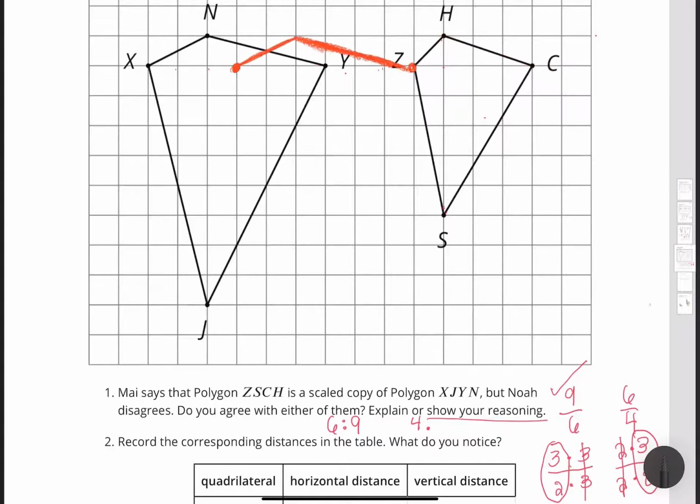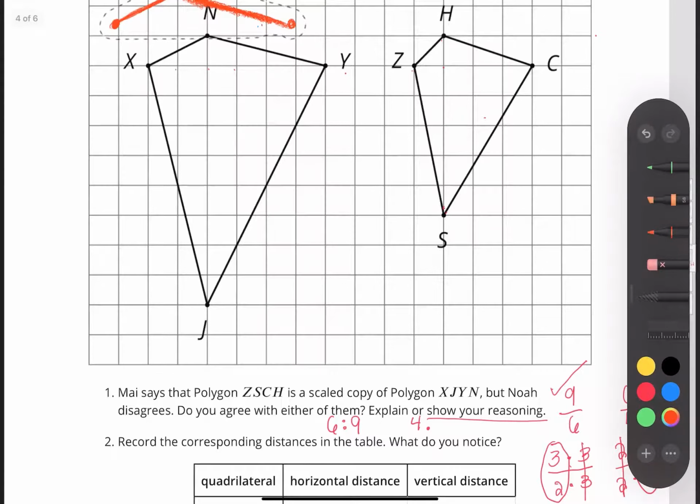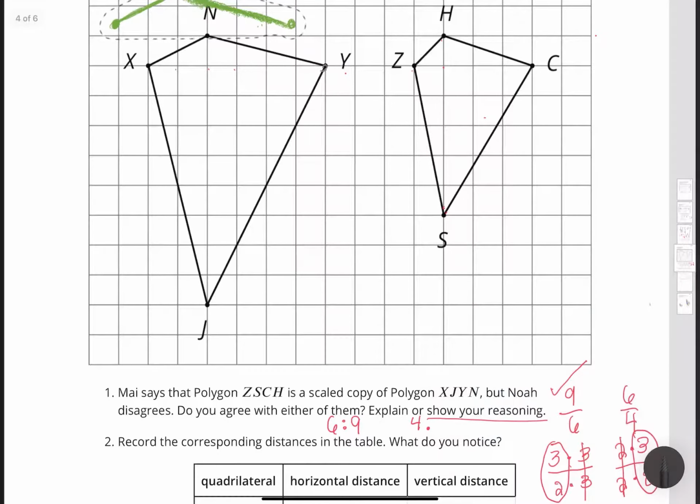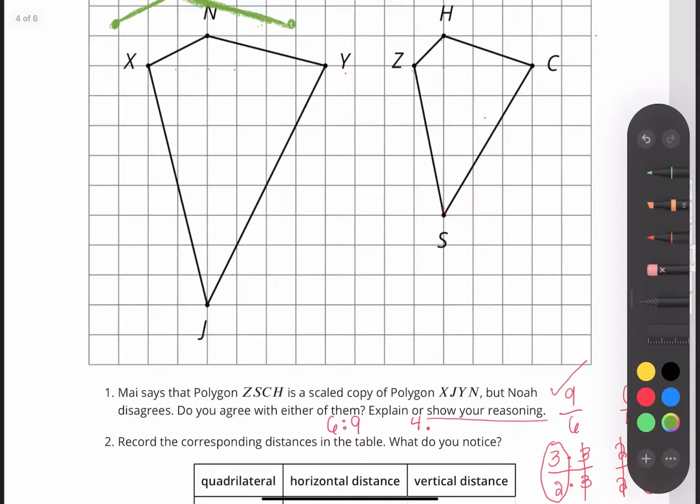So what do you guys think? Let's look at that again. Are these angles equivalent? Okay, let's do another angle in this figure. Oh, let me change my pencil.